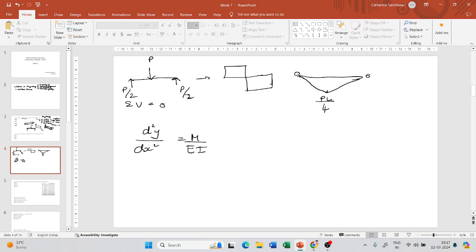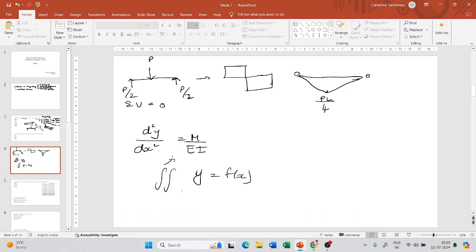From this only we can derive shear force, and from this we can determine the deflection of the beam. How can you do this? If you take the integral of this twice, a double integral, you will end up with a deflection as a function of x, okay. So you will get the deflection across the beam.